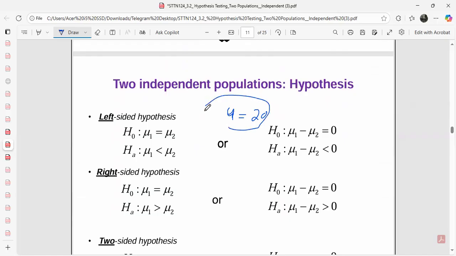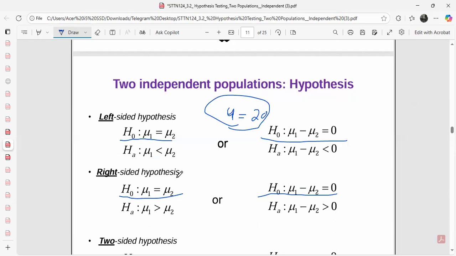But now with two populations, you compare the two population means. So under the null hypothesis, we always use the equal sign: population mean 1 is equal to population mean 2. Always. It's the same as saying μ1 is equal to μ2.